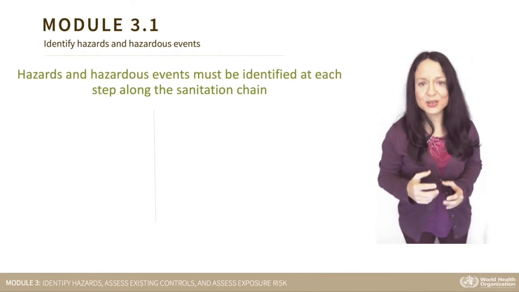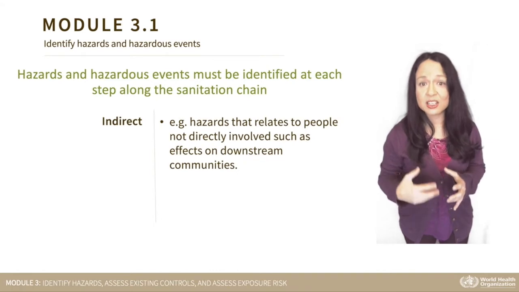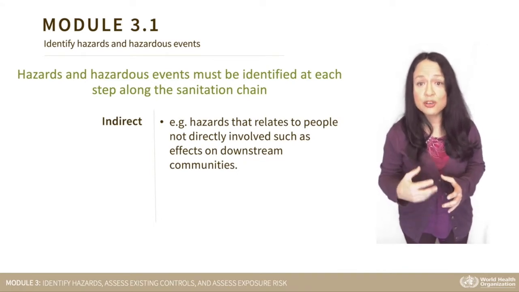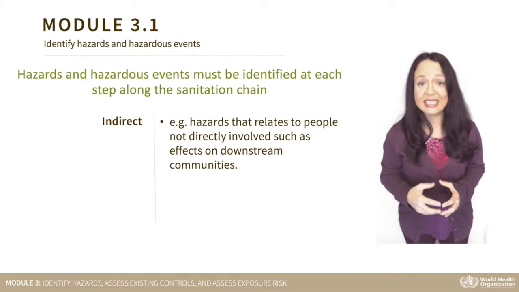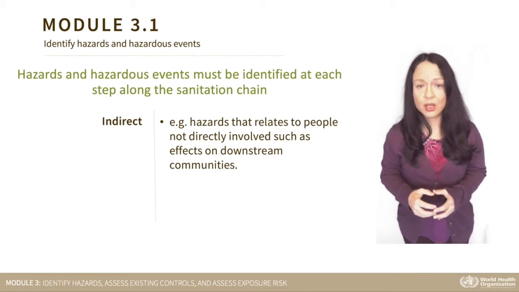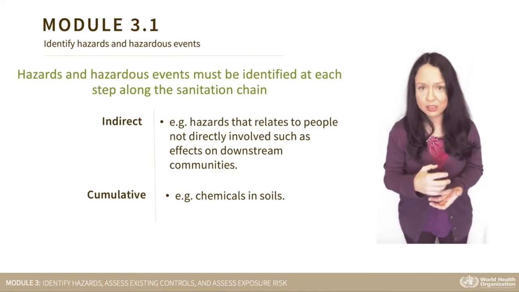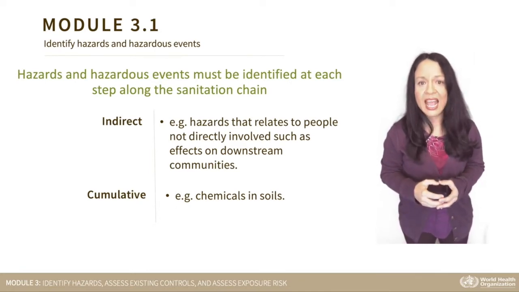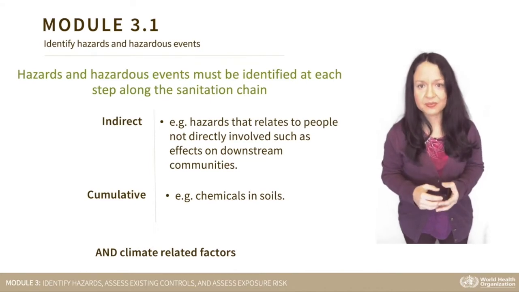Also, we need to consider indirect hazardous events like hazards that potentially affect people not directly involved in the sanitation chain, like downstream communities. Cumulative hazards like the accumulation of chemicals in soils, and those caused by climate-related factors.